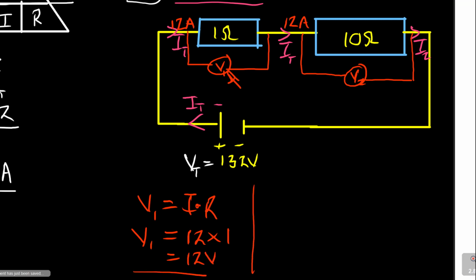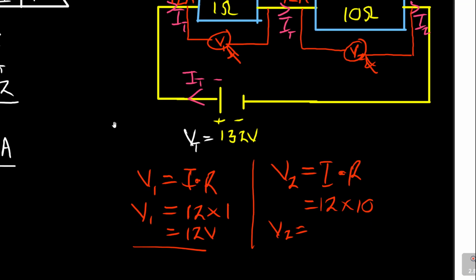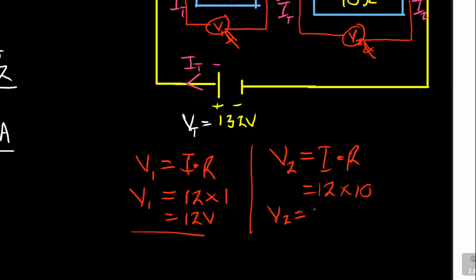I continue. What about V2? See now how it's going. V2 is equal to, now I'm here, again I times R. Now I know the current is still 12 amps times R, which is 10. So V2 is equal to what? V2 is equal to 120 volts.